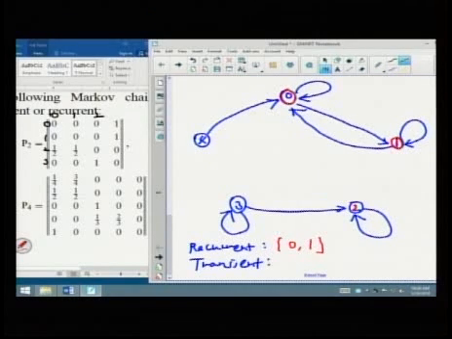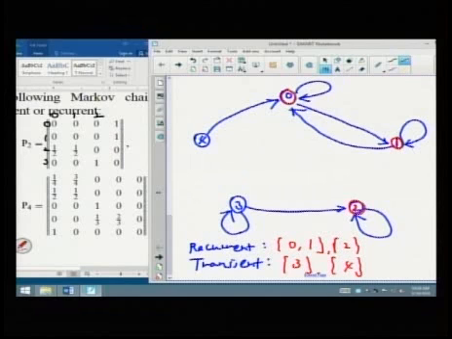So 2 is recurrent, of course. Which means all other states, 3 and 4, are transient, right? So states 3 and 4 are transient states. Is that right? Very easy. Okay. So let's move on to the next problem.